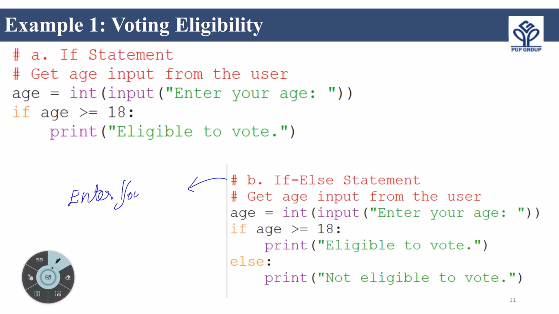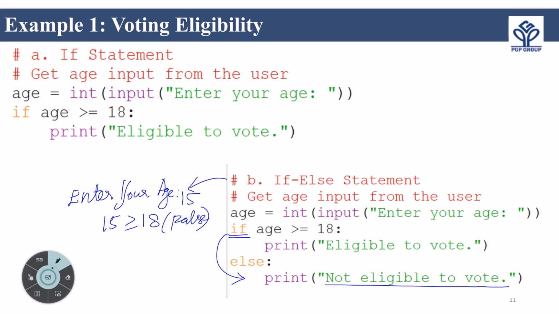Enter your age. We are giving 15. First we check the if condition, age 15 greater than or equal to 18. Is the condition true or false? False. Correct? So we go to the else part and print not eligible to vote.